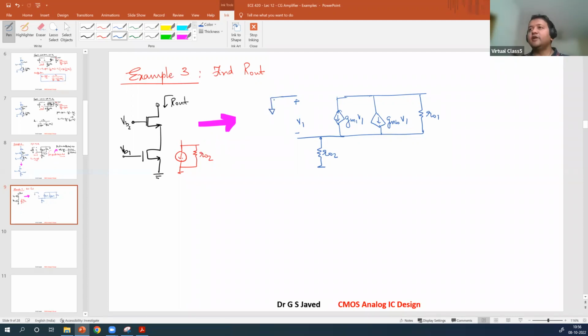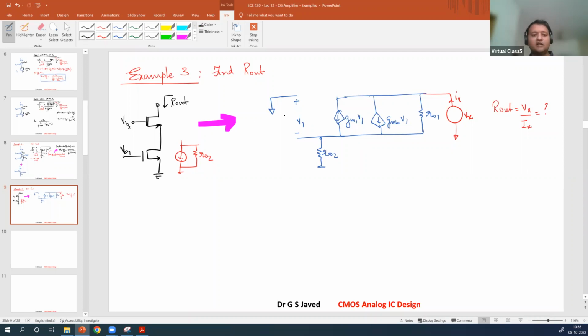So what do we need to find out? What is the R out? To find R out, we'll apply a test source Vx having a current Ix. R out equal to Vx over Ix. This is what we need to find. Apply the model here.